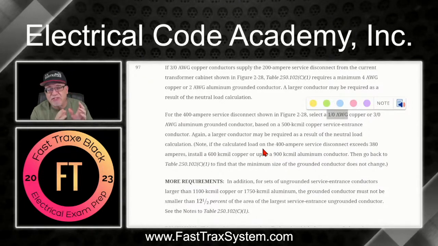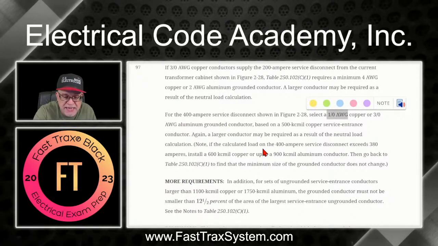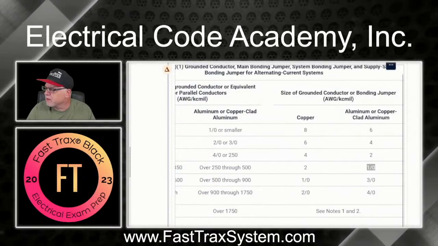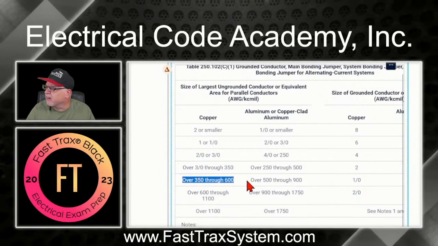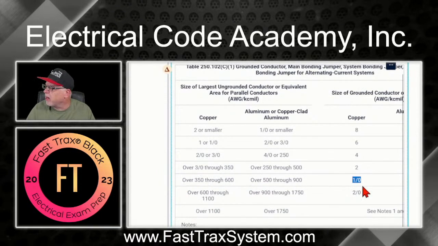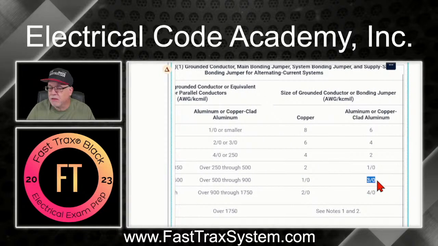Okay, but that's the conductor you're going to use, the ungrounded conductor, in order to size the minimum size grounded conductor. So that's why we got the 1/0 copper or 3/0 aluminum, because if you go to this table, you're going to see that the 500 falls right here, and that's going to be a 1/0 copper or a 3/0 aluminum.